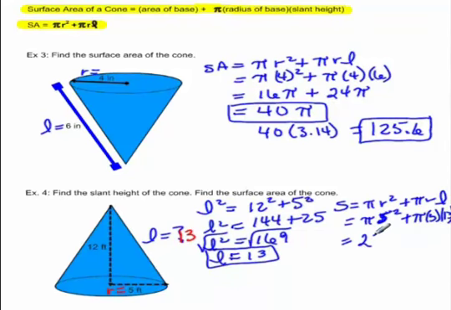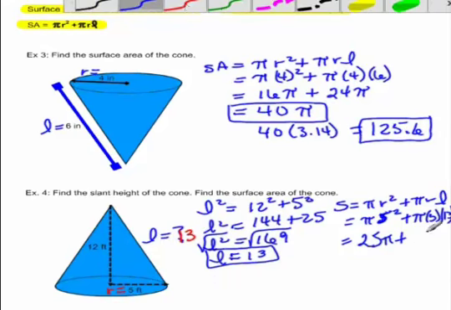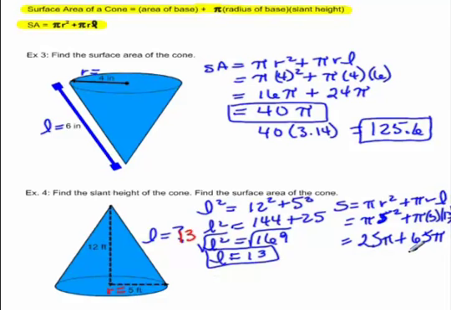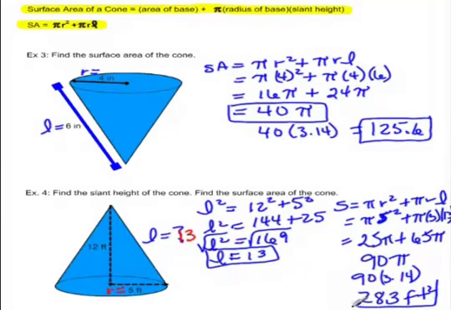And so this is going to be 25 pi plus, okay, 5 times 13 is going to be 65 pi, and 25 plus 65 is 90 pi. And remember, if you need that as a nearest whole number, you multiply 90 times 3.14, and you end up with 283, and that is square feet. So there's your two possible answers.